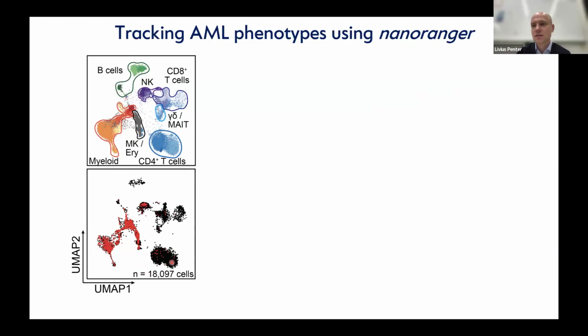Black means they don't have a mutation, and red means there is a somatic mutation. You can already appreciate that most somatic mutations actually fall in this myeloid compartment and also in the megakaryocytic and erythroid compartment. So this is kind of expected for AML. There's also a few red dots, for example, in the NK cell compartment. I'll get back to that in a moment.